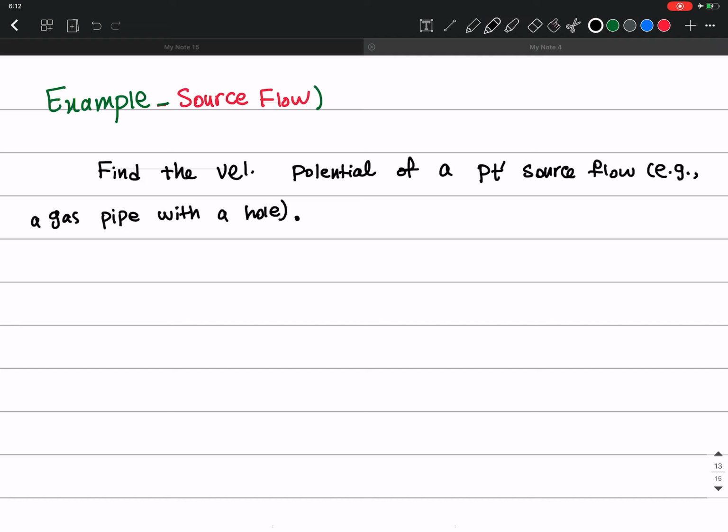A source flow is something like this. This is a source. For example, if there is a hole in a gas pipe or even a water pipe, the flow will leak something like this, and now we want to find the velocity potential for this type of flow.